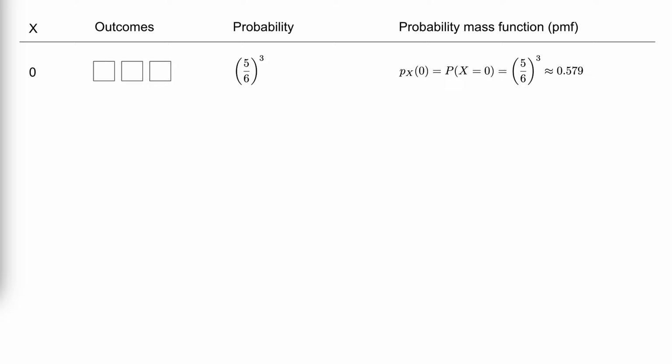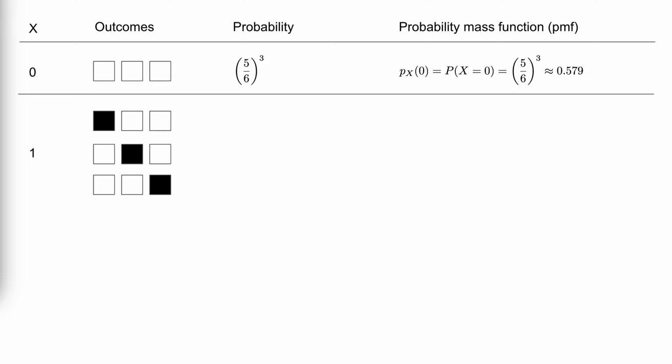Next, let's calculate the probability of observing x equals 1, one 6, in 3 dice rolls. This can happen in 3 different scenarios. The first roll is a 6, represented by the black square, and the last 2 are not. Or only the second roll is a 6, or only the third roll is a 6. The probability of any one of these sequences is 1/6 times 5/6 squared.